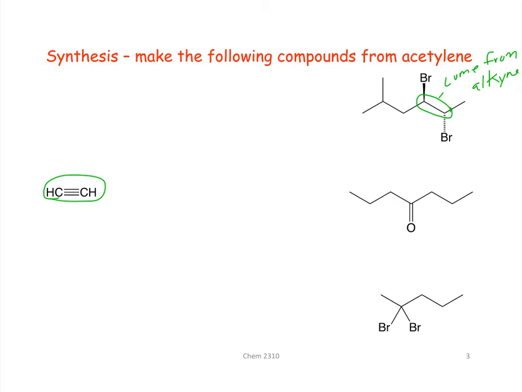All right? So let's move backwards one step. Okay, so we have these two bromines, one's coming forward, one's on the back side. So how would we make that? We'd make it straight from the alkyne? No, we can't make this from an alkyne, but we can make it from an alkene.